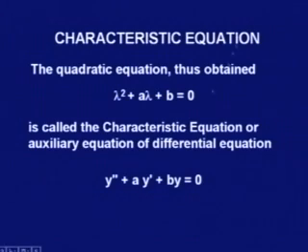What we have seen here is that if we are having a second order differential equation with constant coefficients, then the corresponding characteristic equation we are getting as lambda square plus a lambda plus b is equal to 0. That is, we have a quadratic equation whose coefficients are the same as the constants of the differential equation. This is called the characteristic equation.